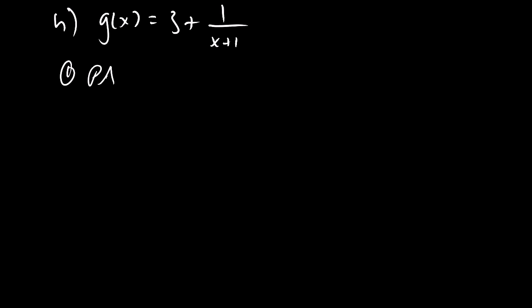Follow up. Last one. Coming up at you hot. H. G of x is equal to 3 plus 1 over x plus 1. Nice. Step 1. Parent. What does our parent look like? Well, if we take away all our numbers, it's going to be g of x is equal to 1 over x.